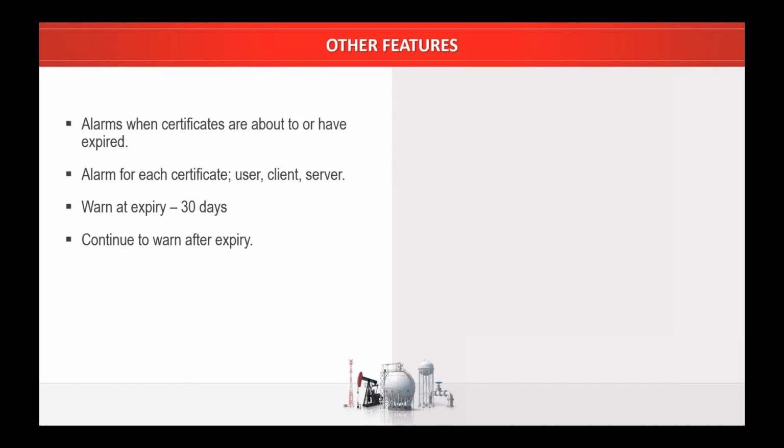So we'll come up with a warning that will start appearing 30 days before certificate expiry, and there's a separate alarm for each of the user, client and server certificates. If you're using a user certificate, that will appear if it's within 30 days of expiry, and we will continue to warn after expiry, but you will also notice that your communications has probably stopped to the OPC-UA server because we require certificates to communicate.